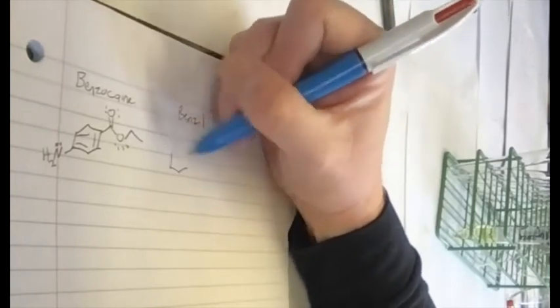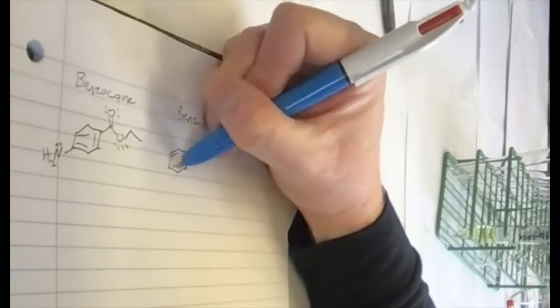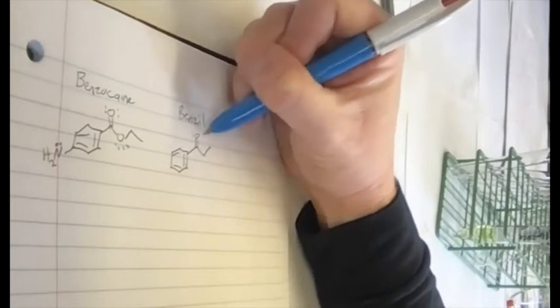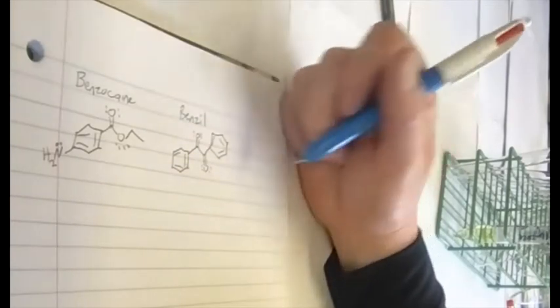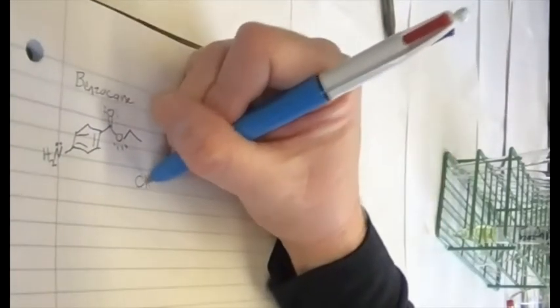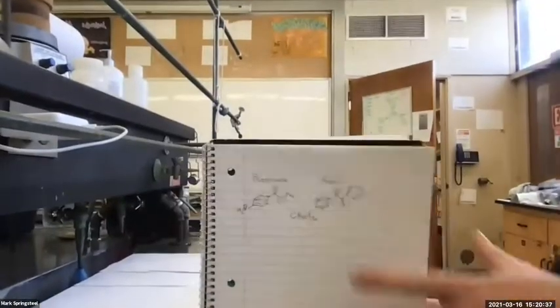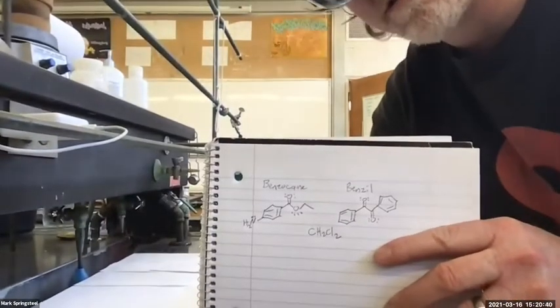And the benzyl, remember, is the diketone with 2 benzene rings. Okay, there's our benzyl and methylene chloride. When you look at these, do they look like they should be soluble as I said they were?